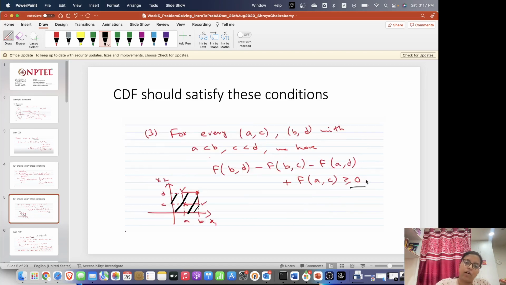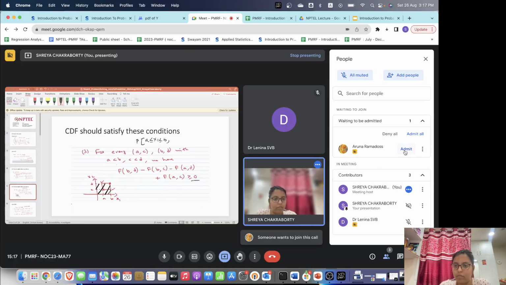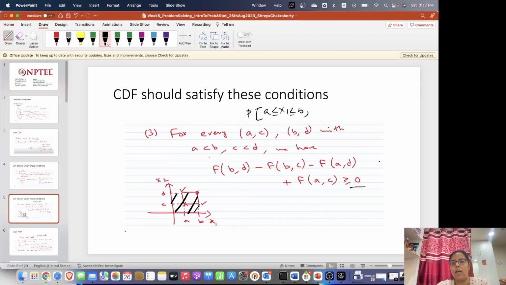And the third most important criterion was this one: for every a, b, c, d, if we have probability a less than or equal to X1 less than or equal to b, and c less than or equal to X2 less than or equal to d, then this area should be positive, and this area can be represented by capital F(b,d) minus F(b,c) minus F(a,d) plus F(a,c).